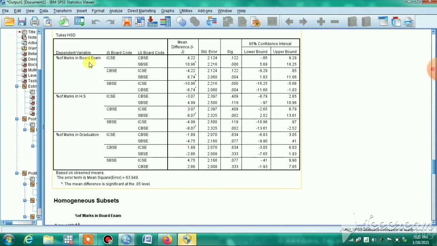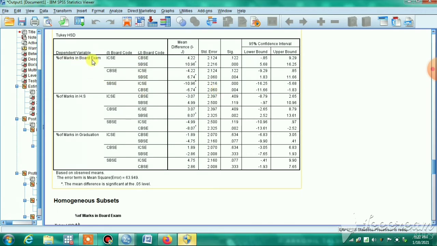That means if we consider percentage of marks in board exam with respect to ICSE board and CBSE board, it is not significant. The percentage of marks in board exam due to differences in board, ICSE and SBSE, is significant. Similarly, CBSE and ICSE is not significant, CBSE and SBSE is significant. So with respect to SBSE and ICSE, same result.